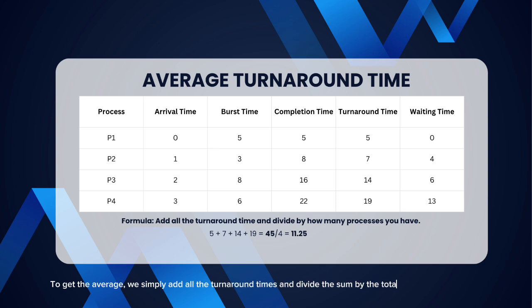To get the average, we simply add all the turnaround times and divide the sum by the total number of processes. That gives us 5 plus 7 plus 14 plus 19 equals 45. Since we have 4 processes, we divide 45 by 4, which results in an average turnaround time of 11.25 units. This value gives us a general idea of how long a process spends in the system from arrival to completion under FCFS scheduling.